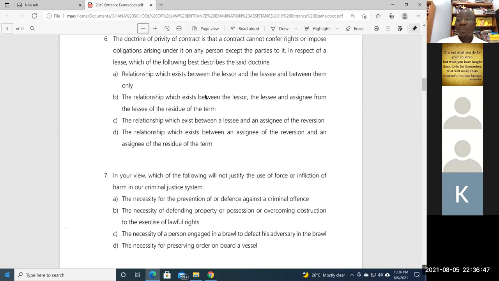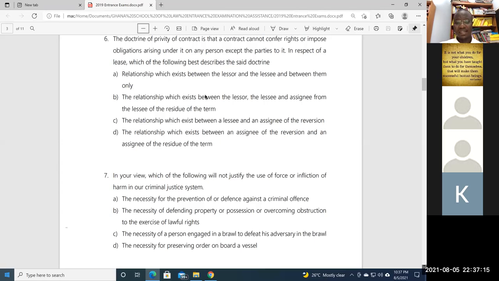After the expiry of the 50 years, the subject land or the subject property will go back to the lessor. So the interest or the property going back to the lessor after the expiry of the quantum of the lease, in this case after the expiry of the 50 years, is what you call the reversion.